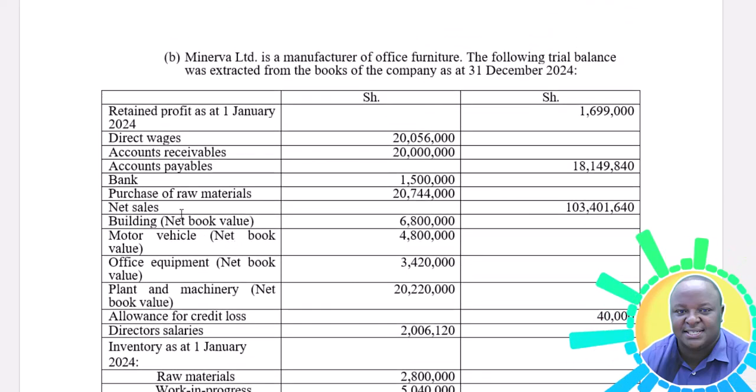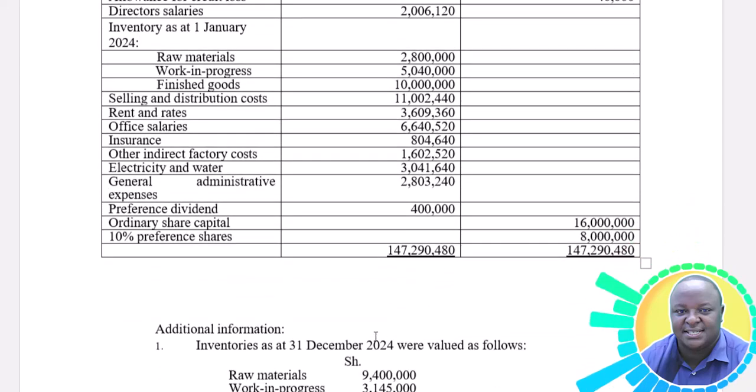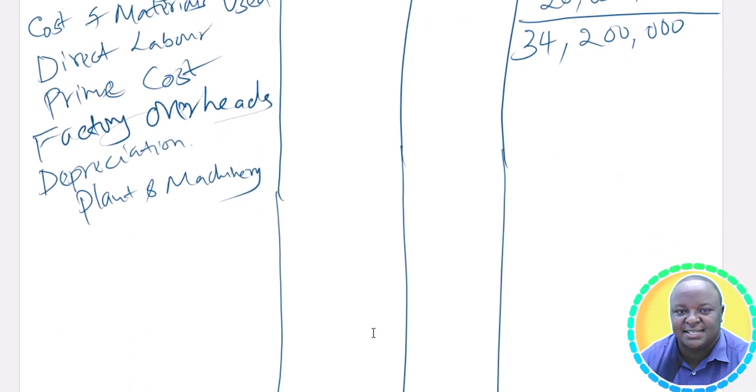So plant and machinery, we have been given here to be 20,220,000. We'll get 15% of that. That will be 15 over 100 times 20,220,000.